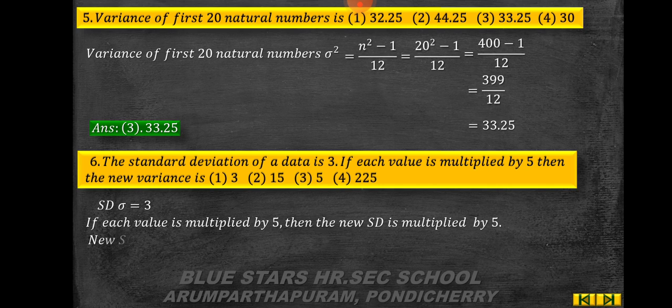If each value is multiplied by 5, then the new standard deviation is multiplied by 5. So new standard deviation sigma is equal to 3 into 5, which is 15. Then you have to find the variance. So variance sigma square is equal to 15 square, which is equal to 225. So the correct answer is option 4, 225.